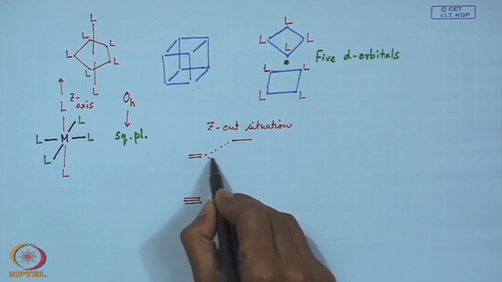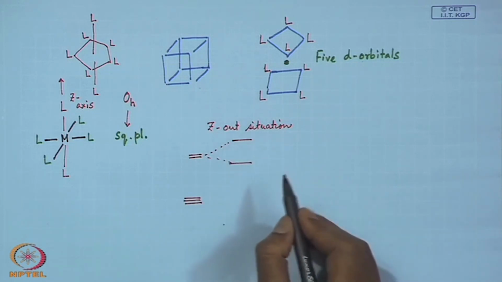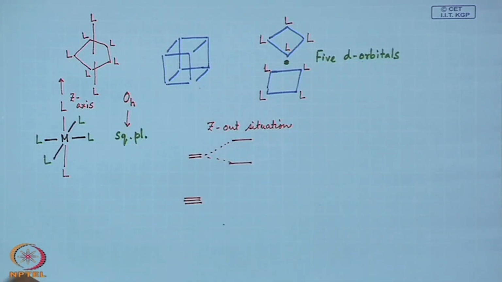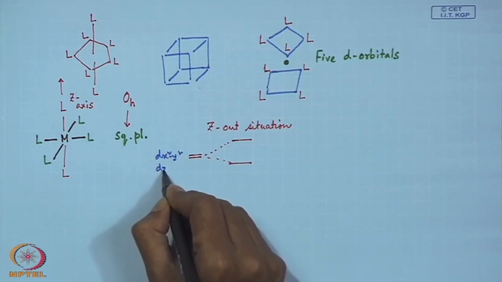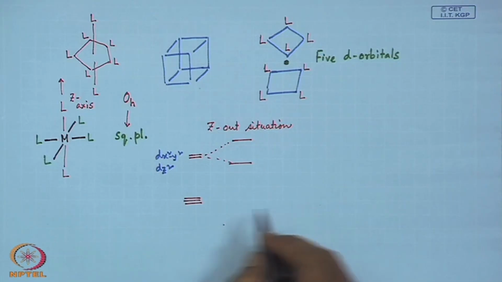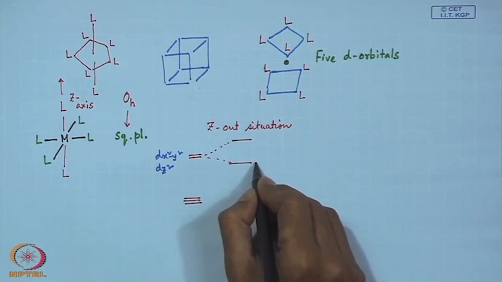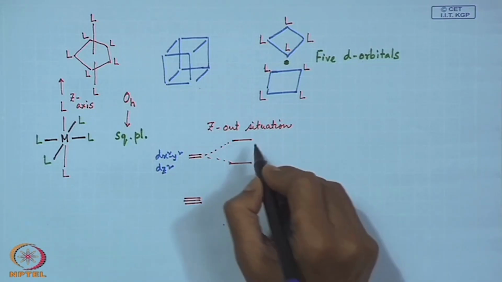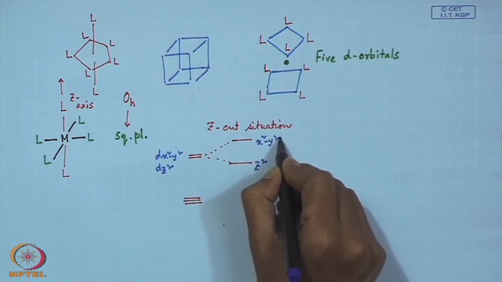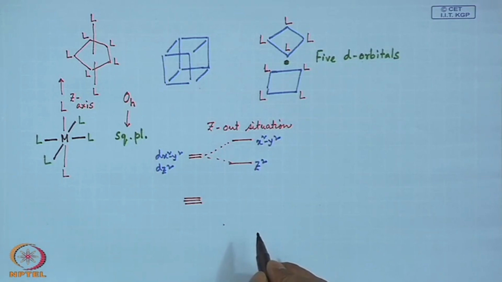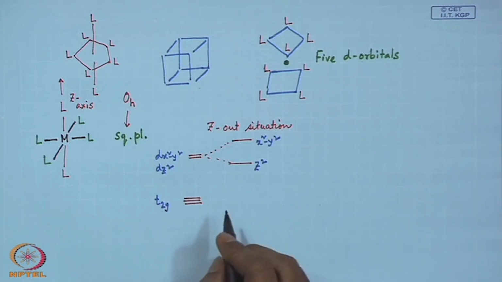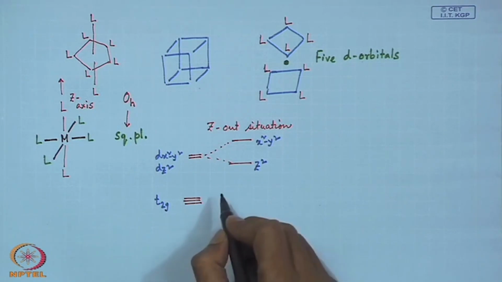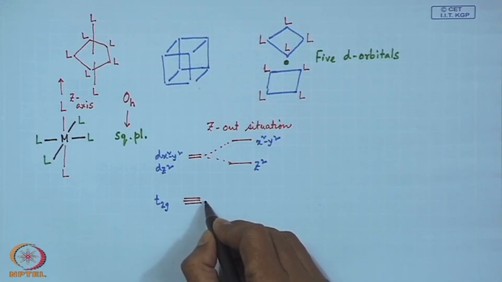When z is taken away from the environment, the dz square will be stabilized, and x square minus y square will be above. Similarly, for the T2G set, which belongs to the YZ, XZ and XY, we will have separation like this.